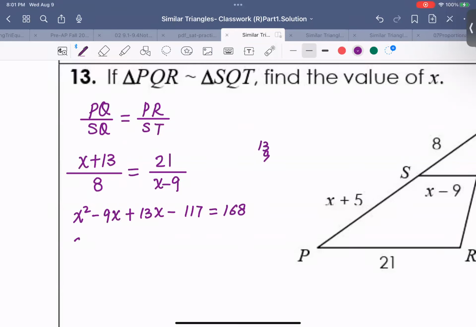And we can move things around. This is plus 4x, and then minus 285.